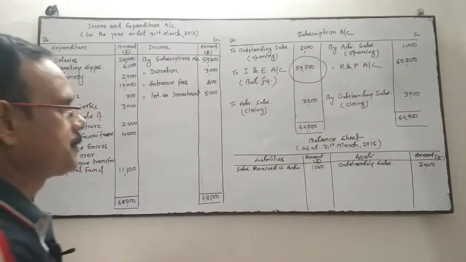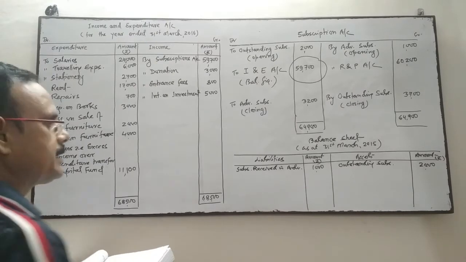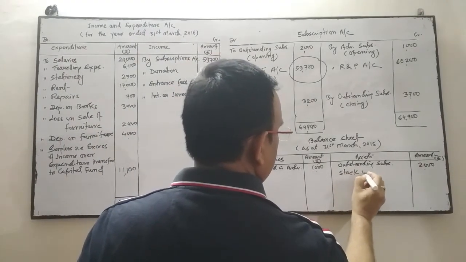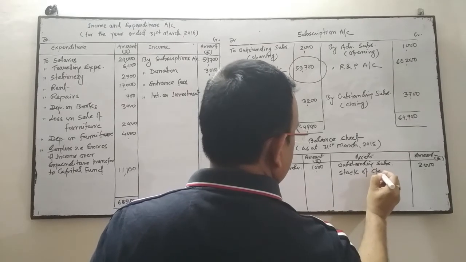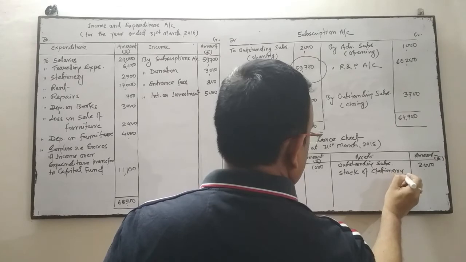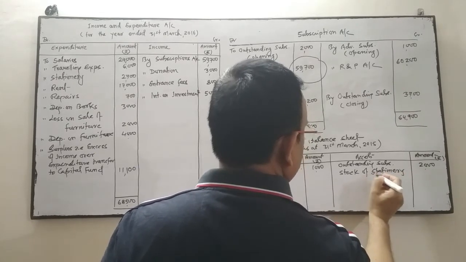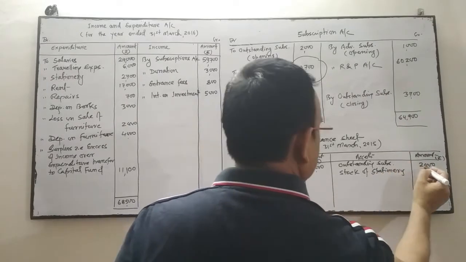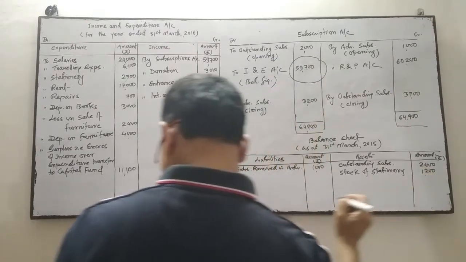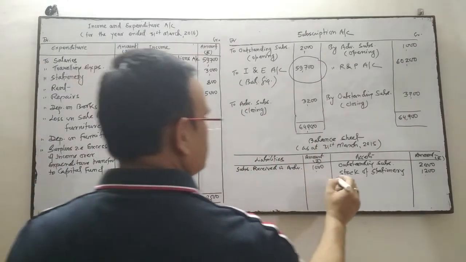I am using the first column. Next is stock of stationery. Stock of stationery is 1,200. Next is books.